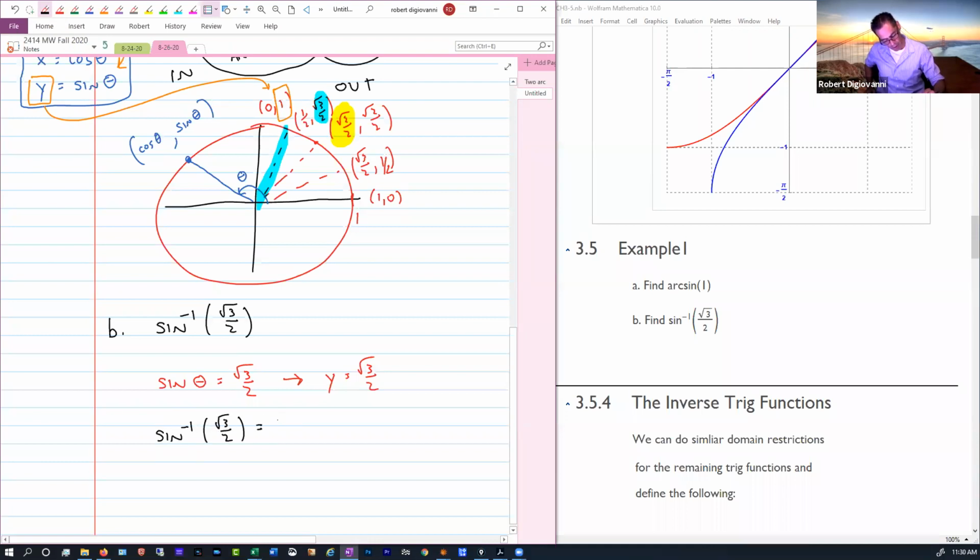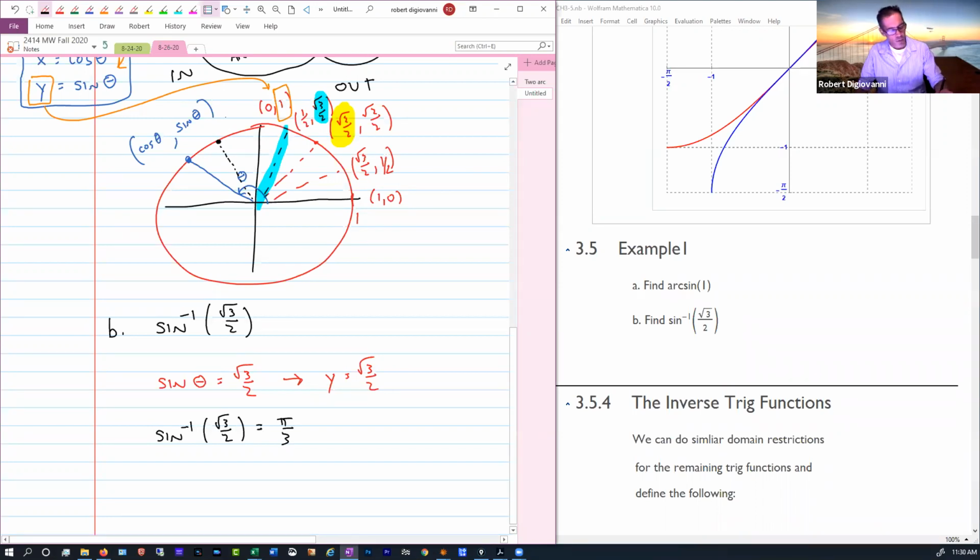Now, I have a question for you, because I didn't draw the whole unit circle, did I? I only drew part of it. If you were to continue drawing this and went to the other side over here, right there, that's 120 degrees.